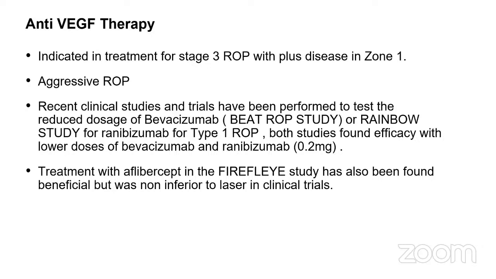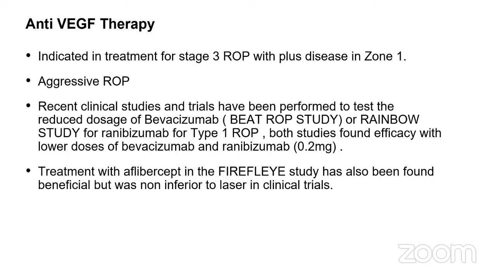For the dosage, there are the BEAT-ROP study and the RAINBOW study. BEAT-ROP is for bevacizumab and the RAINBOW study is for ranibizumab, which is the first anti-VEGF approved by the European Union for treatment of severe retinopathy of prematurity. Ranibizumab dosage is 0.2 mg and bevacizumab is 0.5 to 0.6 mg.